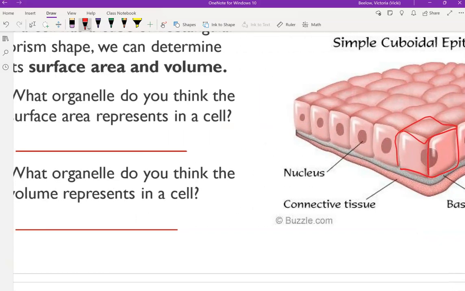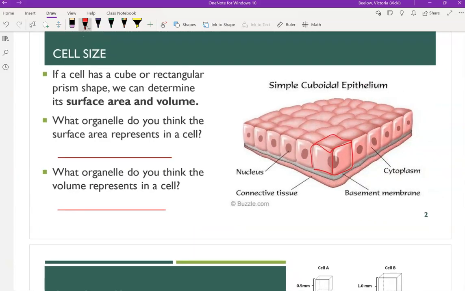Okay. And so if you're looking at this cell, which is a cube, you can look at two things when it comes to the size of the cell, the surface area and the volume. So what organelle do you think the surface area represents? The surface area is the surface of the cell.